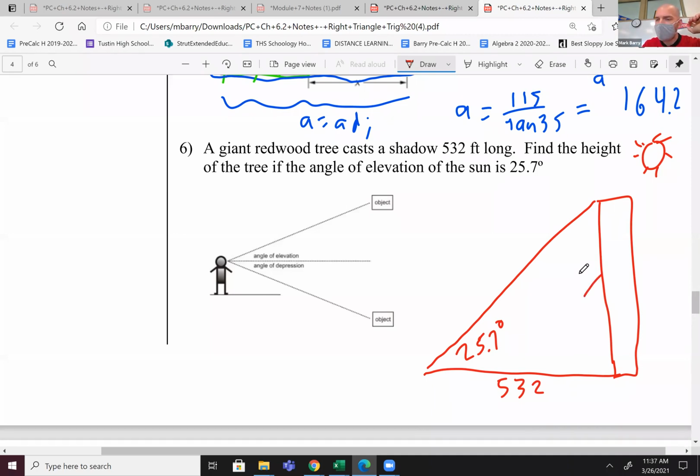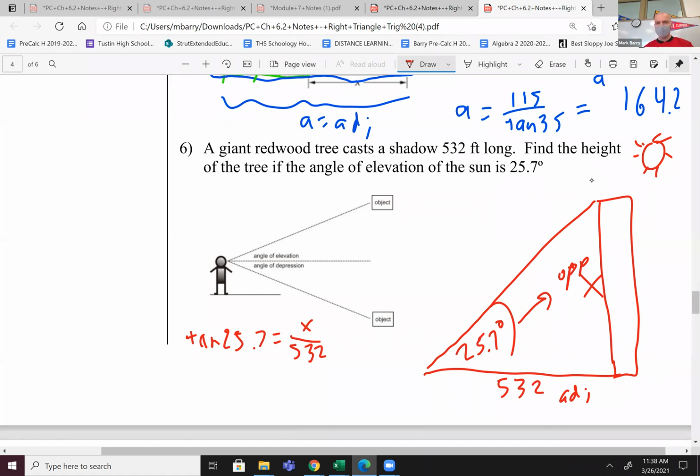I want to know the height of the tree. So it looks like I want to know the opposite side, but I do know the adjacent side. So this is going to be another tan. So we have tan of 25.7 equals x over 532. Here we go, Max. We got the variable on the denominator in this one.